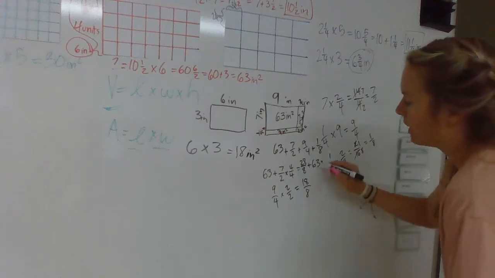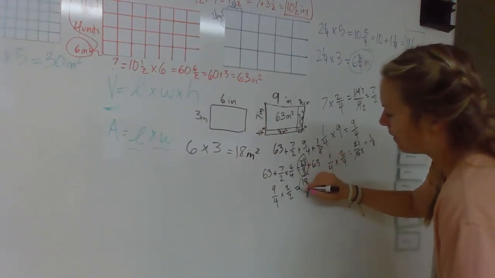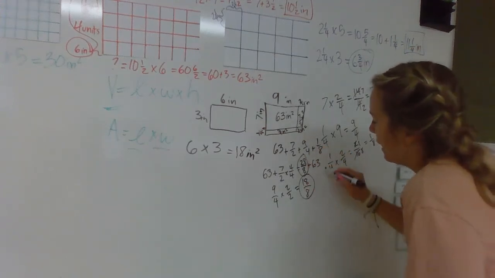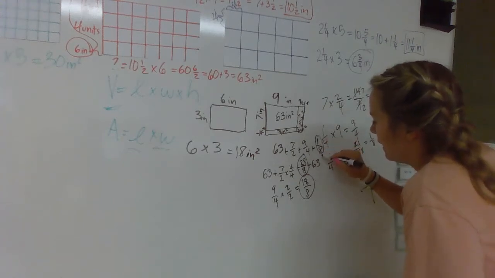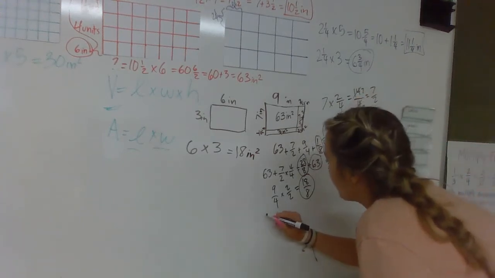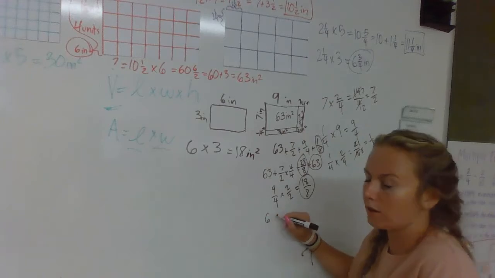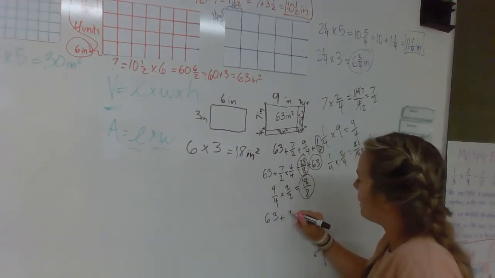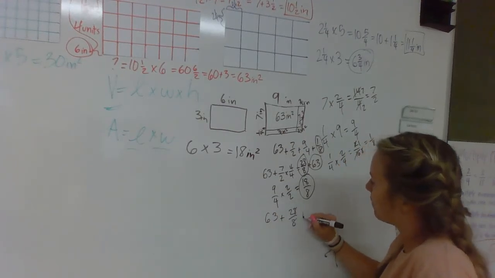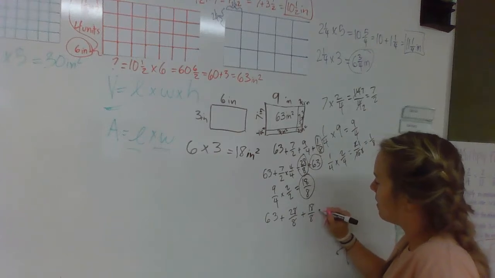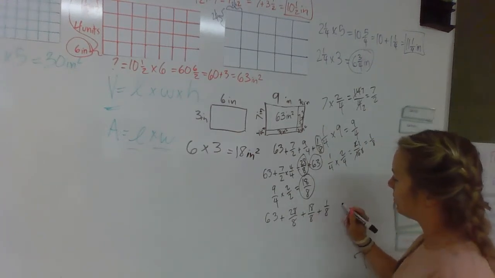So now I've got to take this guy and this guy and this guy and add it with that one. So we've got 63 plus 28/8 plus 18/8 plus 1/8.